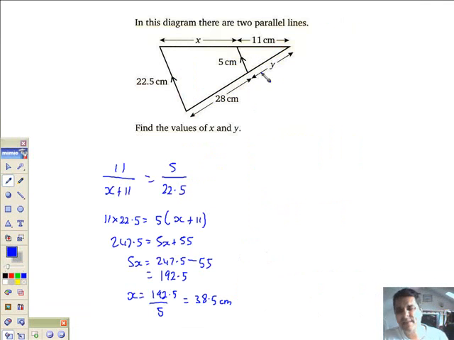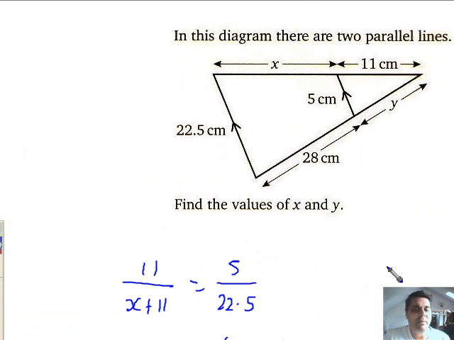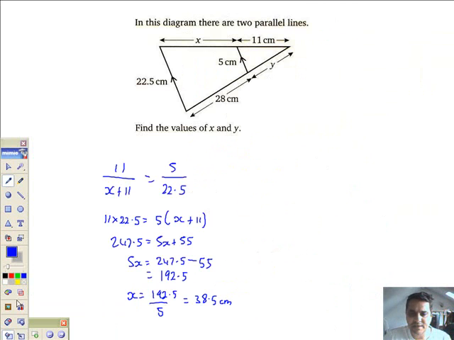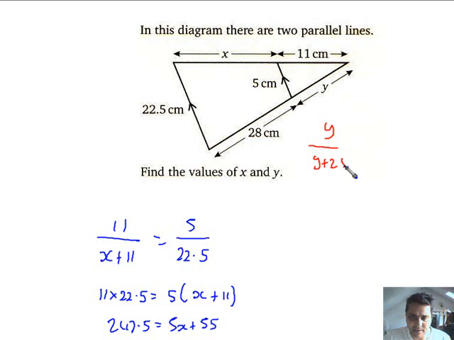In fact, doing the y is easier, because what I want I'm going to put on top. So y, which is the small side, over the corresponding large side, which is y plus 28. So it's little over big equals little 5 all over big 22.5.